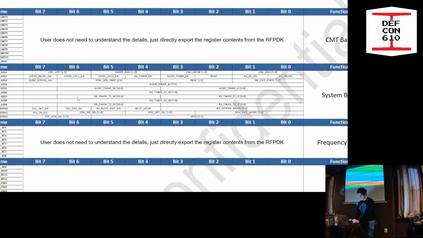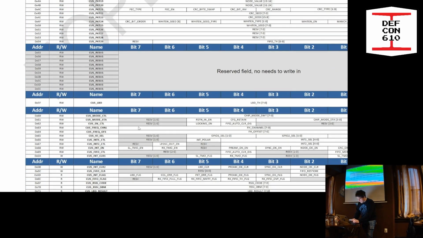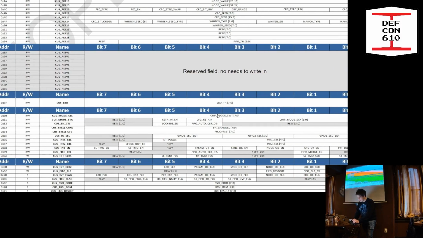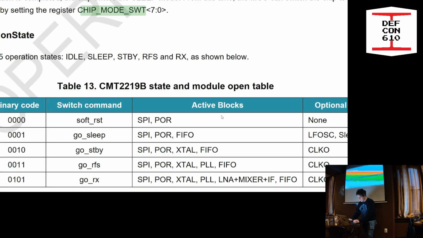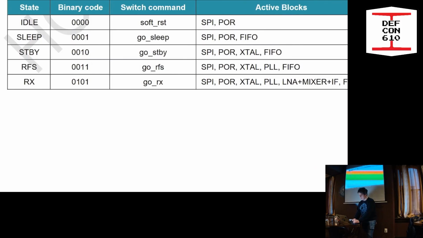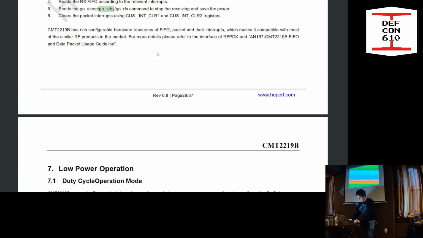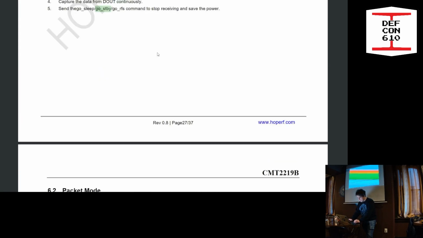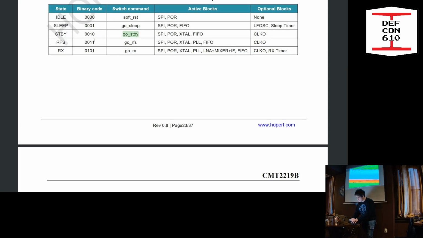The 6C02 is sent first. We can go to 60, and so this one has a chip mode at that point. So if you go to chip mode, we see that 2 means go into standby mode. So if you go for go standby, yes.